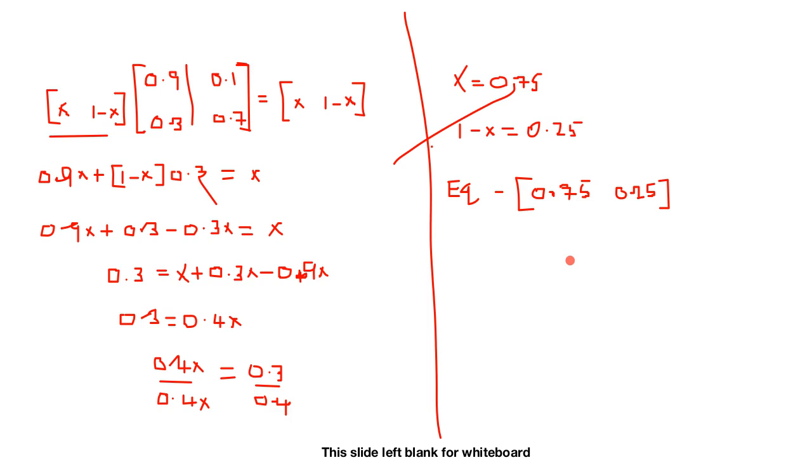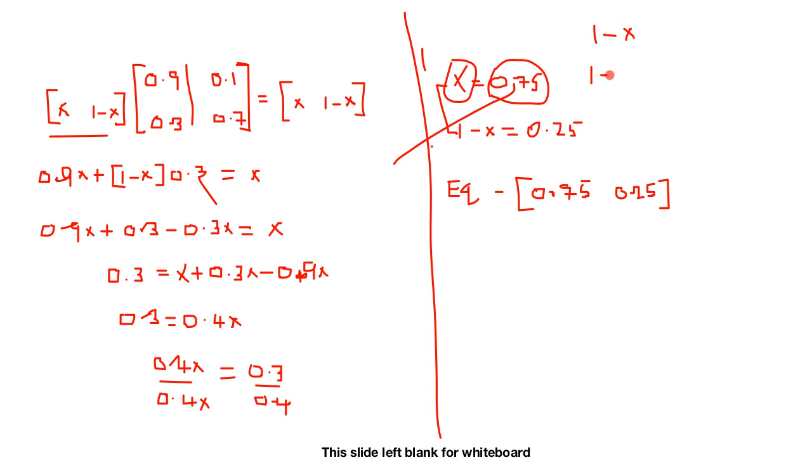So Irene is asking where 0.25 is coming from. Remember, we had let the first condition to be x, and at equilibrium, the total states should add up to 1. It therefore means that if the first state is x, then the other state will be 1 minus x. So we have found x to be 0.75.